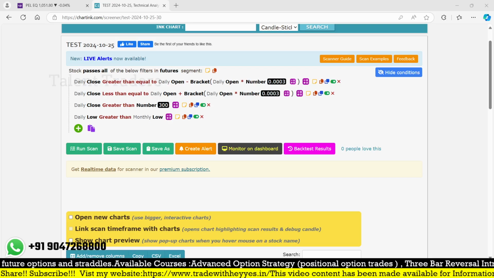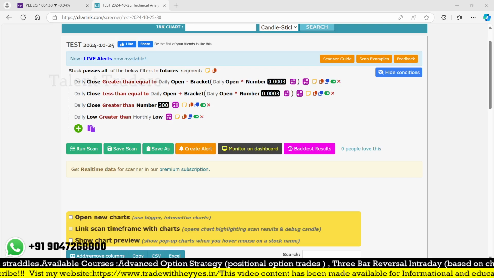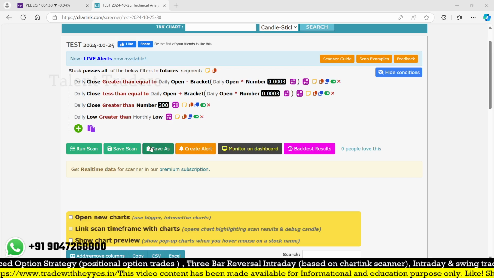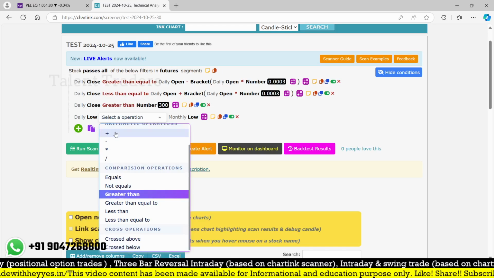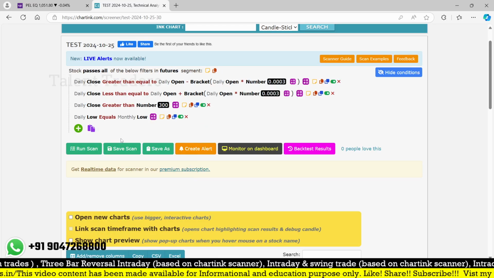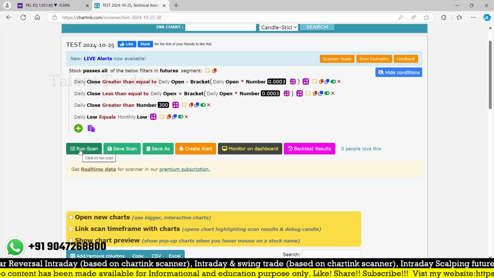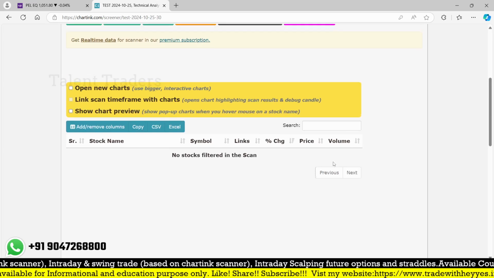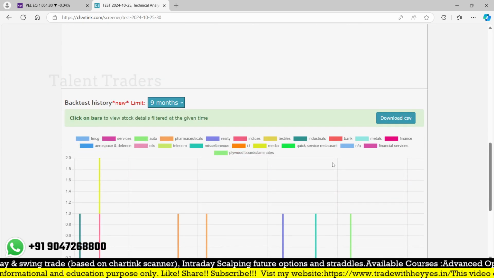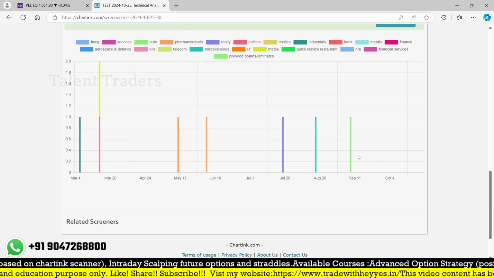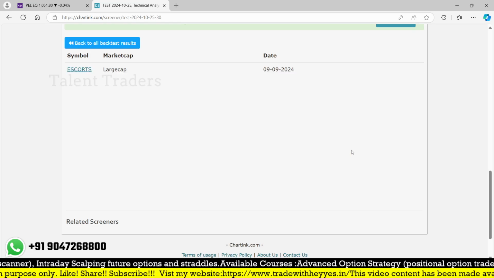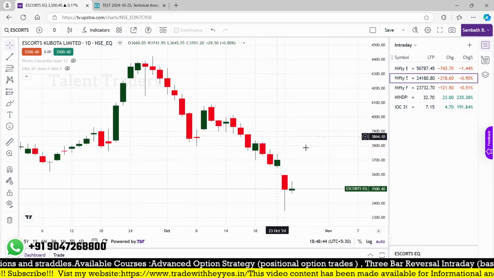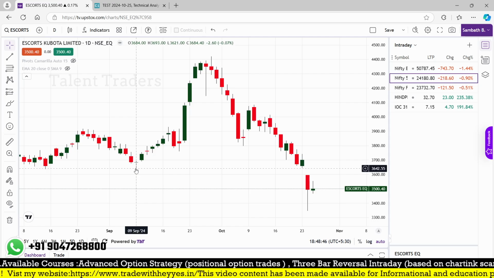Because we are finding this for monthly low. If the monthly low breaks and day low equals monthly low, let me use it, day low equals monthly low, you find a very few number of stocks, and this also repaints. How does it repaint? Here you can see 9th September we have SCards.